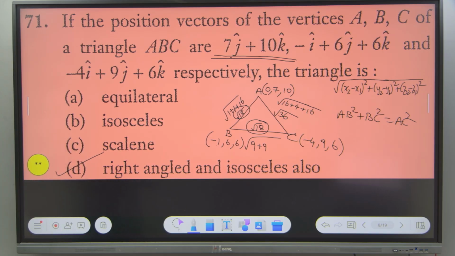Note down. Some boys are not noting down. First bench, second bench, look, please. Okay. Note down quickly, students.